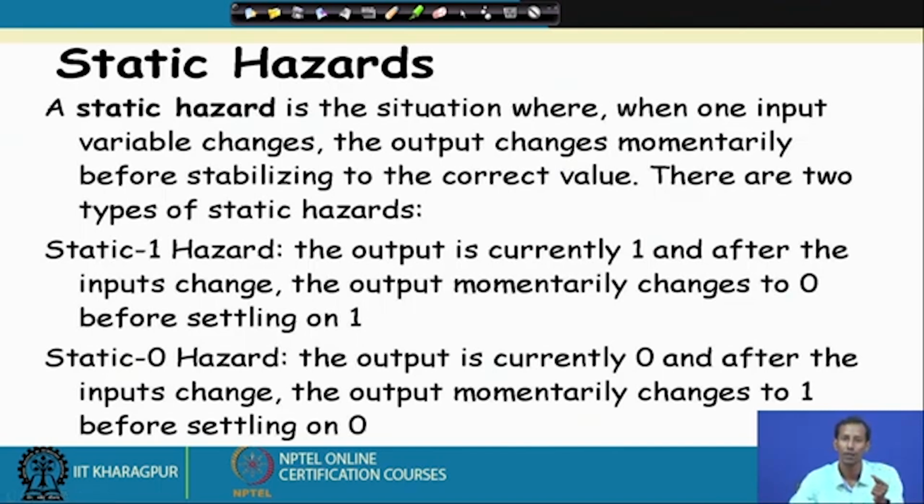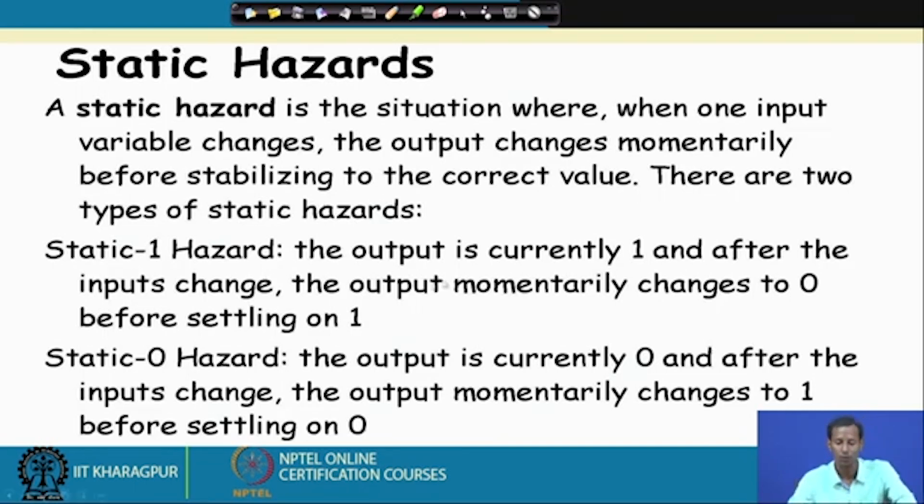Whenever we apply test vectors to the circuit, we know the expected output behavior for that particular circuit. But sometimes it does not happen: though we get the proper correct value, it does not stabilize to that, and it gives some unwanted values at some positions.